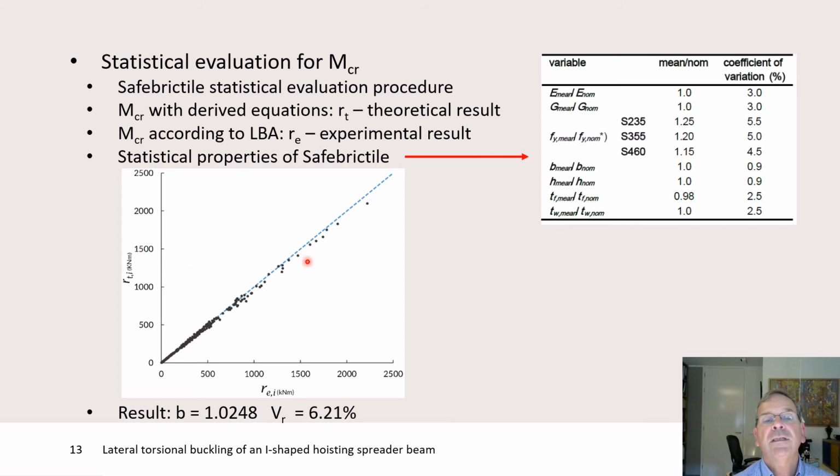We included in the statistical evaluation the statistical properties of Safe Brick Tile, as you see them listed here in the table. And then the result was a correction B value, which is the mean to nominal value of M critical, in fact, of 1.02 and a coefficient of variation of 6.21.